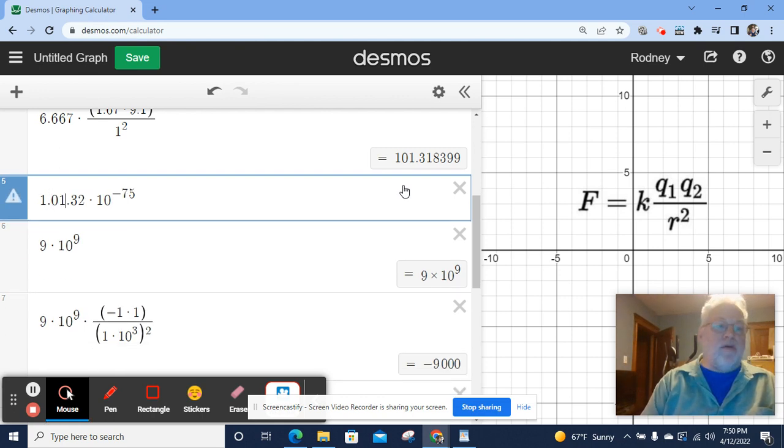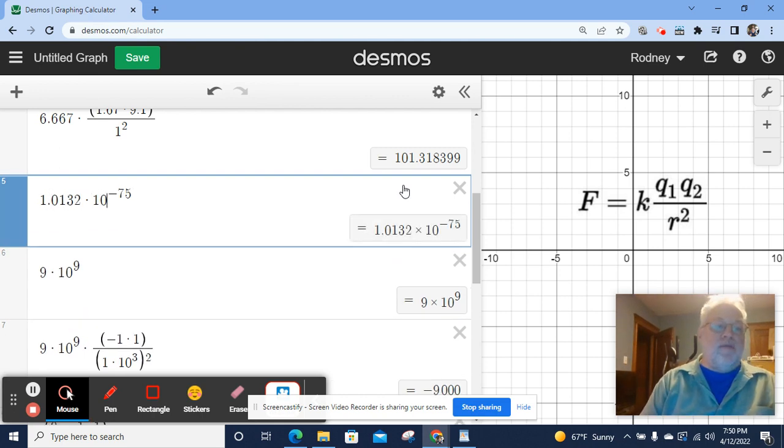So I'm going to put it there. And if I made that 100 times smaller, I need to make this 100 times bigger by going from negative 75 to negative 73, going up 2 orders of magnitude. So now we know how many newtons of gravitational force there are between this electron and this proton that are 1 kilometer apart.